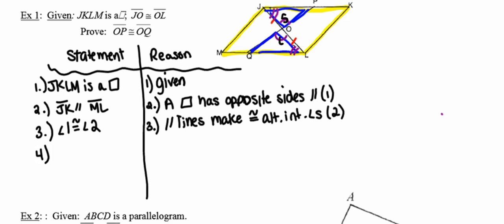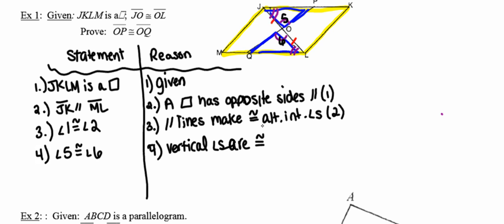I know that angles 5 and 6, which I'm going to label the vertical angles in my diagram, are congruent. And that's because vertical angles are always going to be congruent to each other. And I know that side JO is congruent to side OL, because that was given to me also.